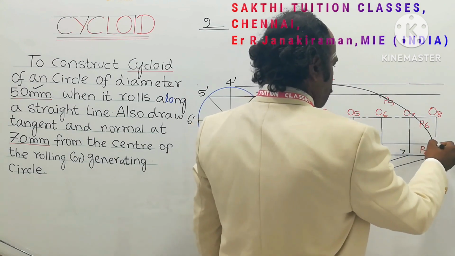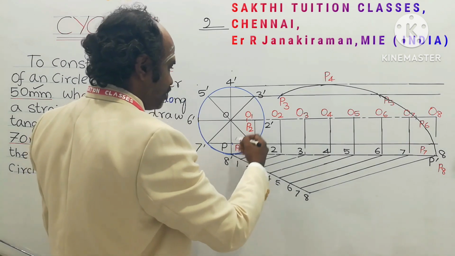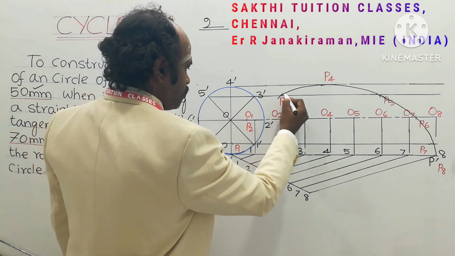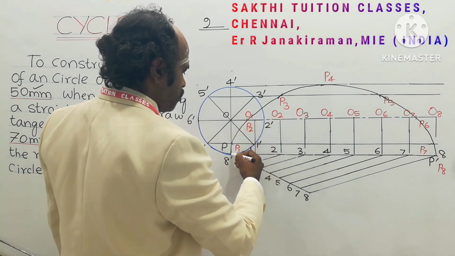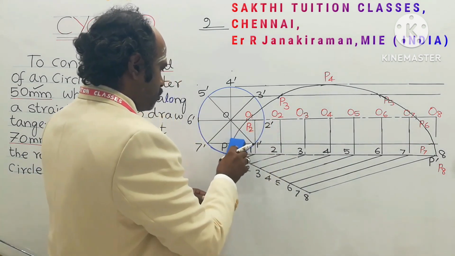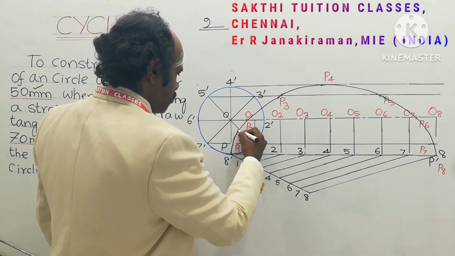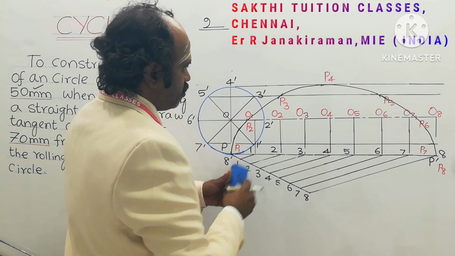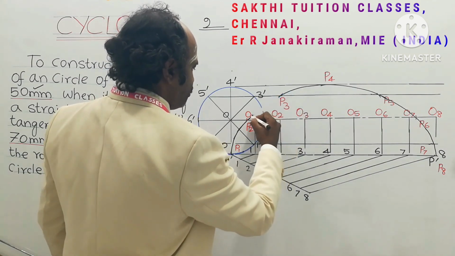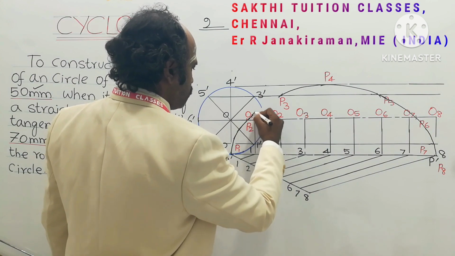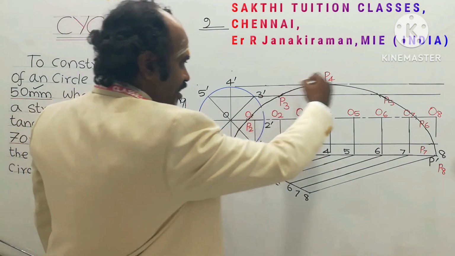So similarly on the other side of this cycloid, don't paint the curve, just join it freehand. Okay, the curve generated is called a cycloid of a circle.